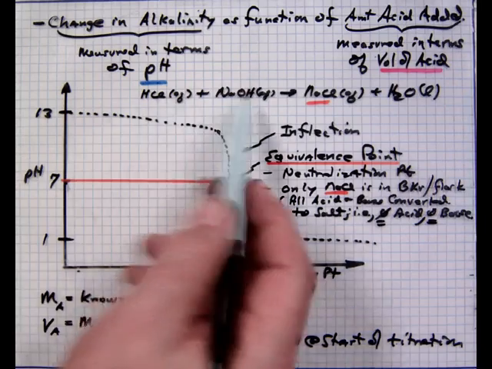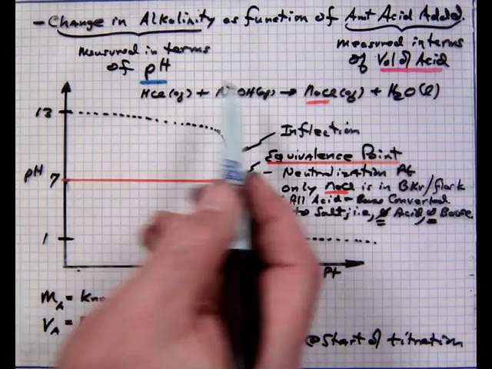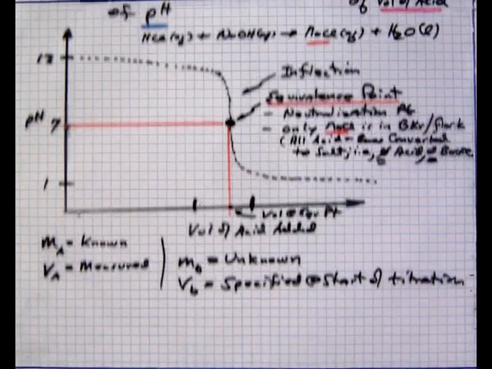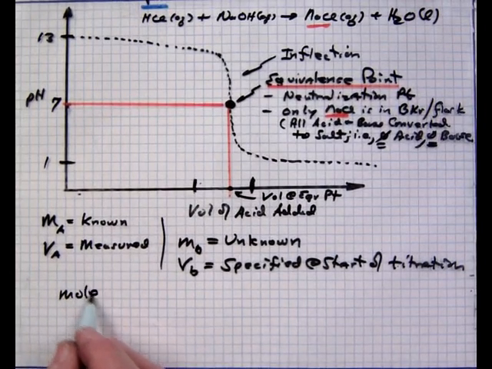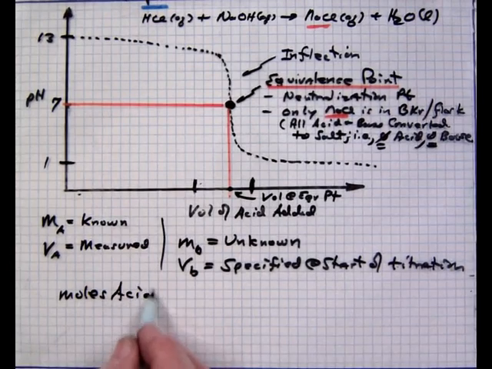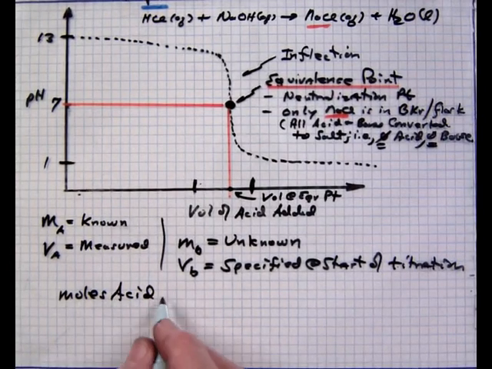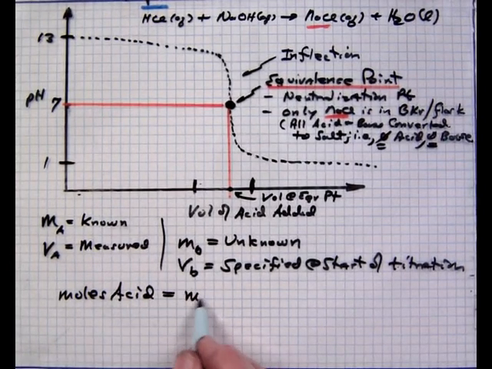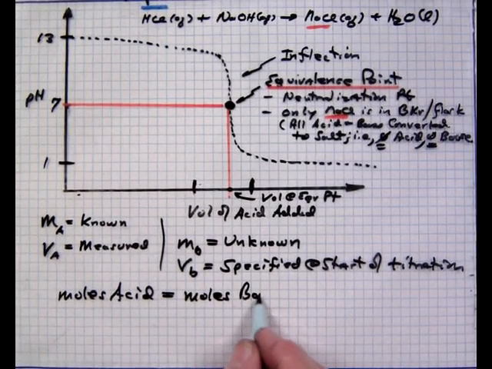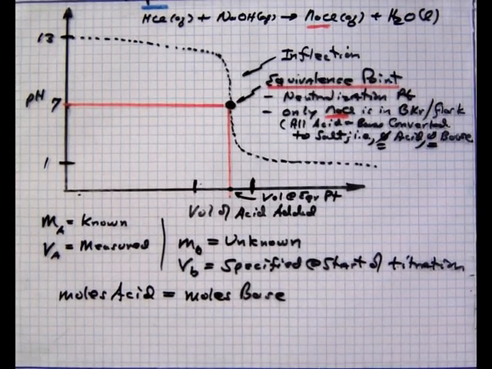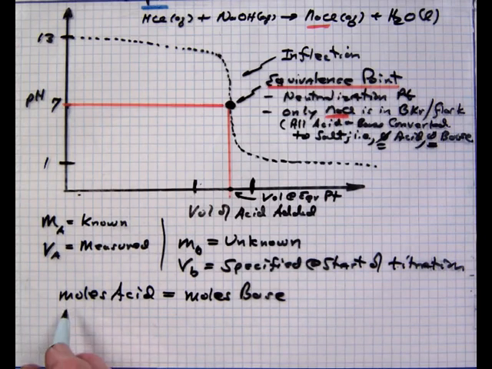In this relationship, it's a 1-to-1 relationship. So we can say the moles of acid used neutralizes a certain number of moles of base in the beaker or flask.